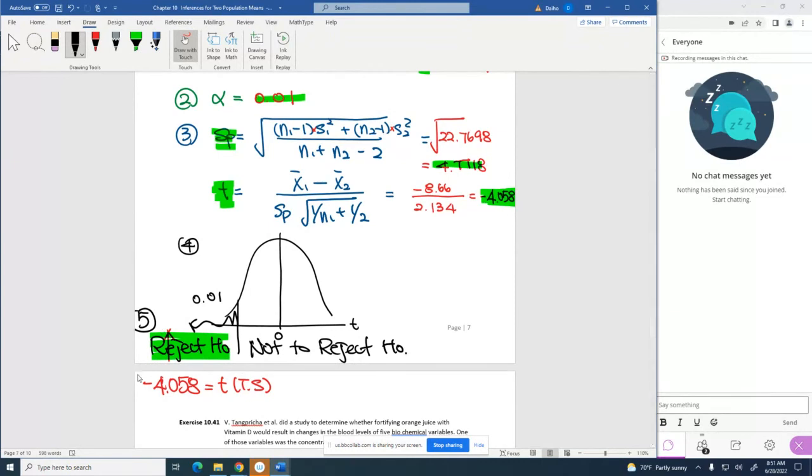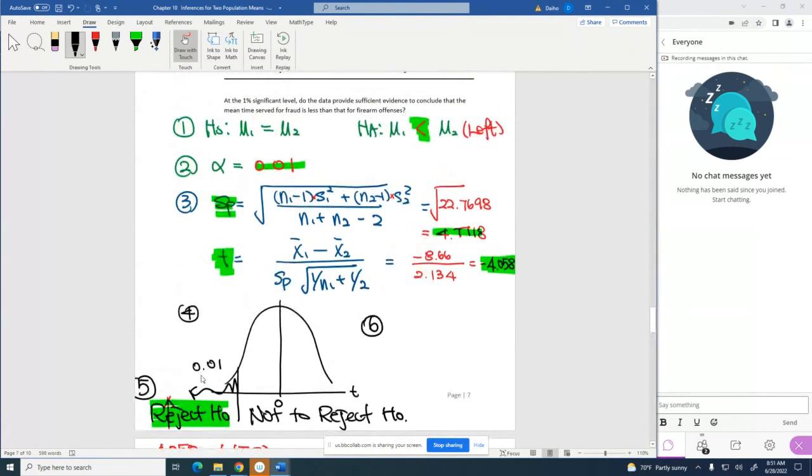Then in step 6, which one should I interpret for the conclusion? We rejected the null statement, then we have to interpret the alternative hypothesis. What did it say? The mean time served for fraud is less than that for firearm offenses. Absolutely, yes.